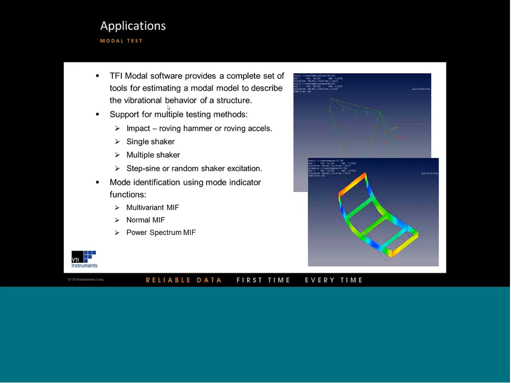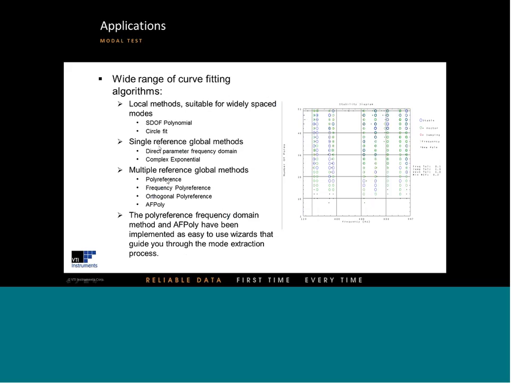Once you have the FRFs, the software will calculate a number of mode indicator functions: multivariate MIF, the normal MIF, and power spectrum. And those will show you where you have modes. And then it also offers a wide range of curve-fitting algorithms.